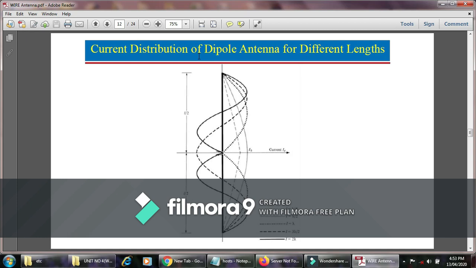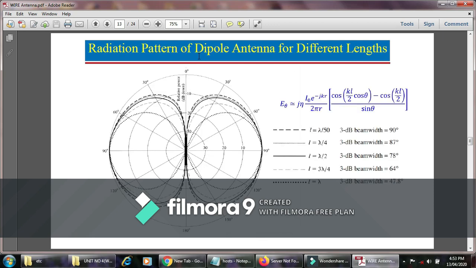Lambda by 2 plus lambda by 2 is equal to lambda. Then lambda plus lambda by 2 is 3 lambda by 2. In this way 4 lambda by 2 is 2 lambda. Once we increase the length of the antenna in this way, the current distribution also varies with respect to the length of the antenna.